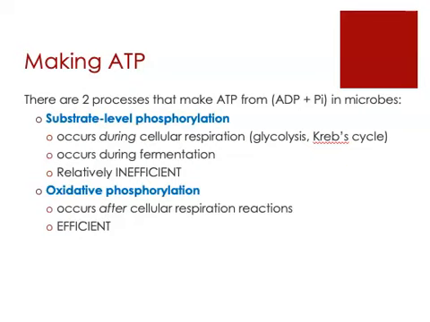Oxidative phosphorylation, remember, is a series of reactions that's going to happen after cellular respiration occurs. It's oxidative phosphorylation, as we said a minute ago, that's going to involve a hydrogen ion gradient.